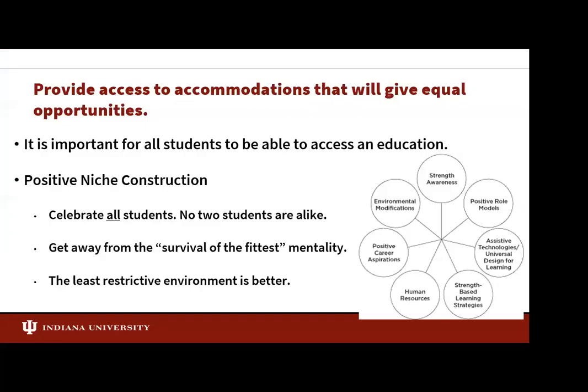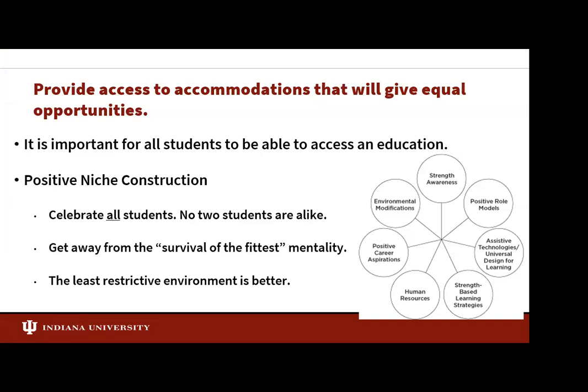Next slide, please. Okay. And one way to establish neurodiversity culture is providing access to accommodations that will provide opportunities. And one of the best places to establish this is in education. We all know that it's important for all students to be able to access an education.